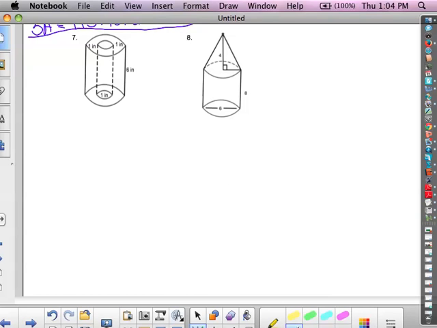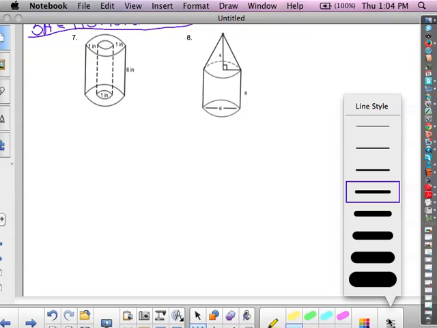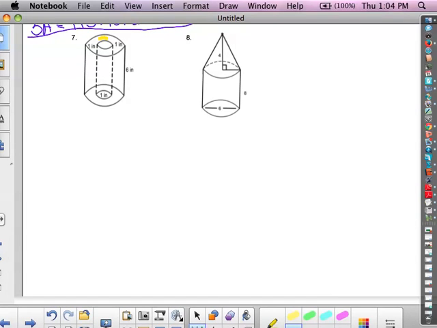So in this case, we want to find the base, the area of this yellow shaded region. Okay. So each one of those is 1 inch.